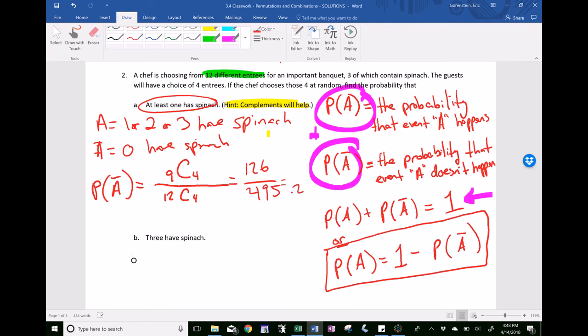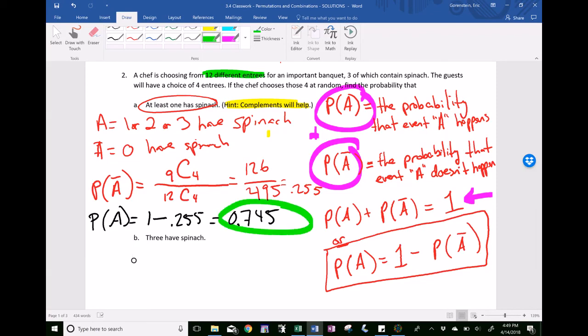Let me switch colors here. The probability that A does happen should be 1 minus 0.255, which is 0.745. Okay, so that does it for part A.